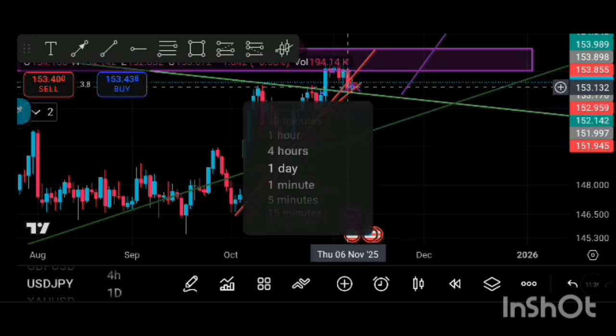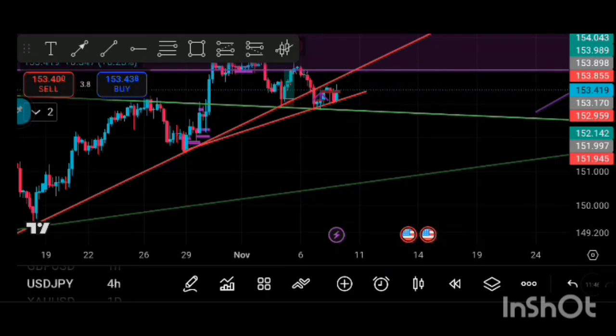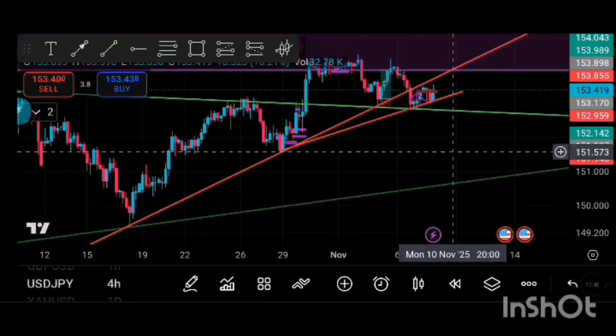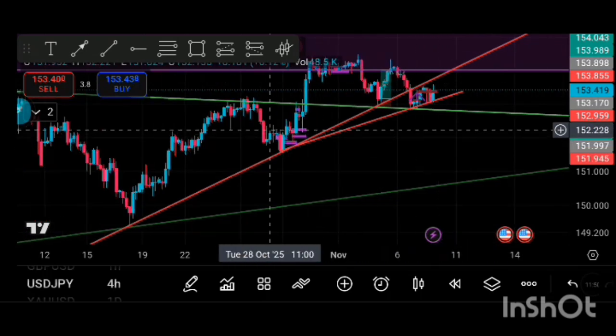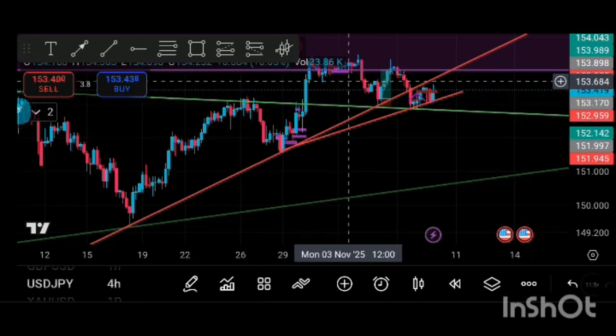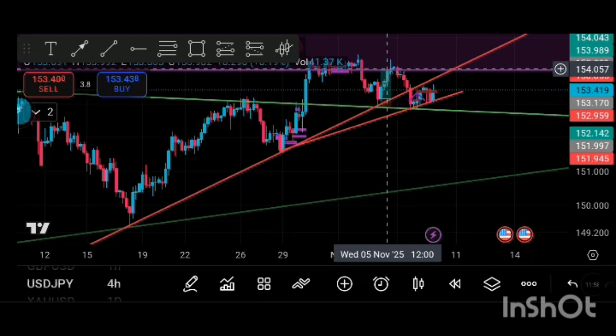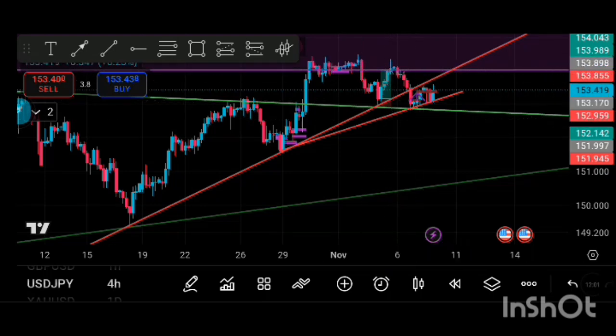I want to move to lower time frames just to see more detail. As you can see, we retraced to the trend line and we were able to secure some nice profits up there. Understand?